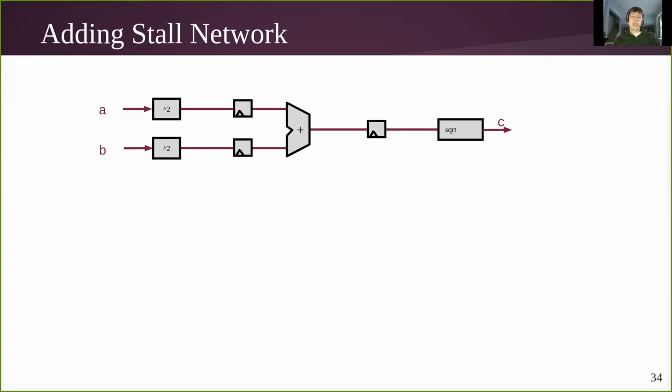Now we'll start looking at transactions which follow different paths. So this example is going to use our same Pythagoras' theorem example, but instead of implementing that in a free-flowing pipeline, we're going to now transition that implementation to a stall pipeline.